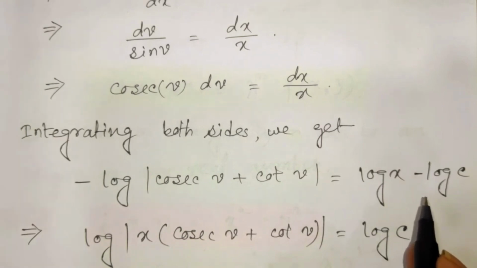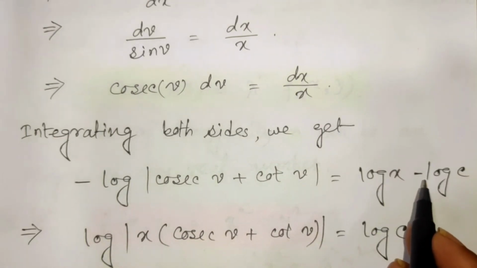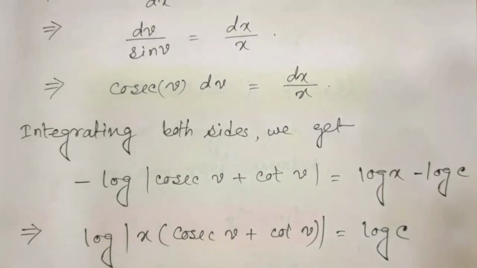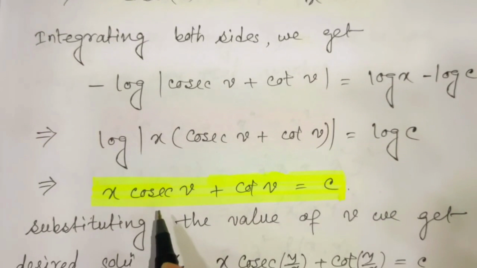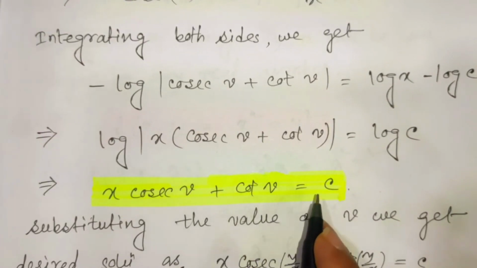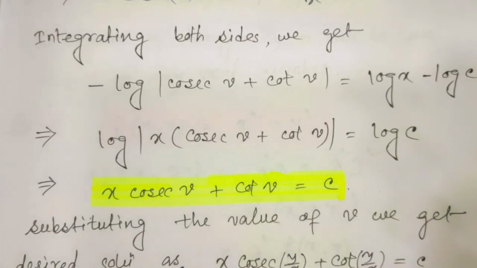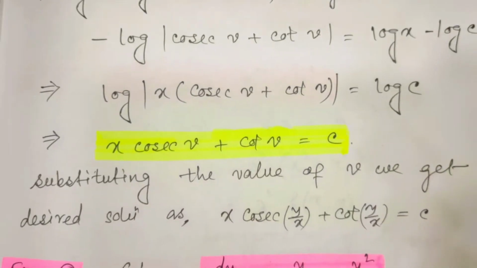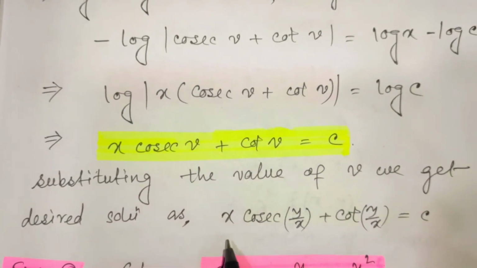Just for simplicity or adjustment, we put the minus sign here, otherwise you can put a plus sign also, it does not affect your solution. After simplification we find the solution as x into cosec v plus cot v is equal to c. Substituting the value of v, we get the desired solution as x into cosec y by x plus cot y by x is equal to c.